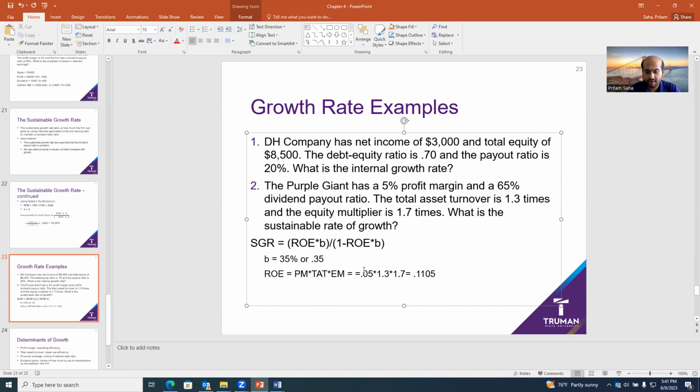That's your return on equity. Now plug in the formula: 0.1105 times 0.35 divided by 1 minus 0.1105 times 0.35. That gives you 0.0402, or 4.02%. So that's the SGR.